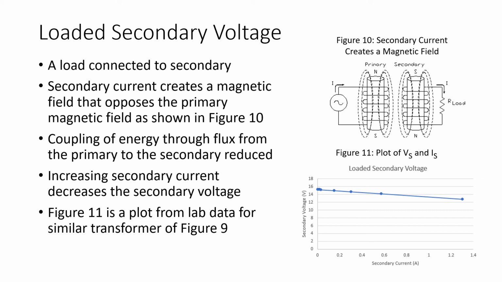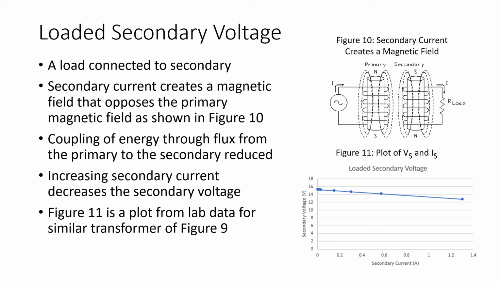Okay, well, let's look at some data that we gathered in the lab. Figure 11 shows us, again, some data that we gathered by measuring the secondary voltage and secondary current of a transformer similar to that shown in Figure 9. And note on the graph that when the secondary current is approximately 0 amps, the secondary voltage is pretty close to 15.8 volts.